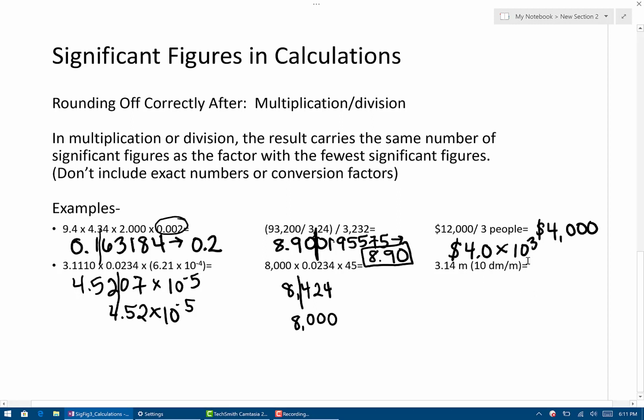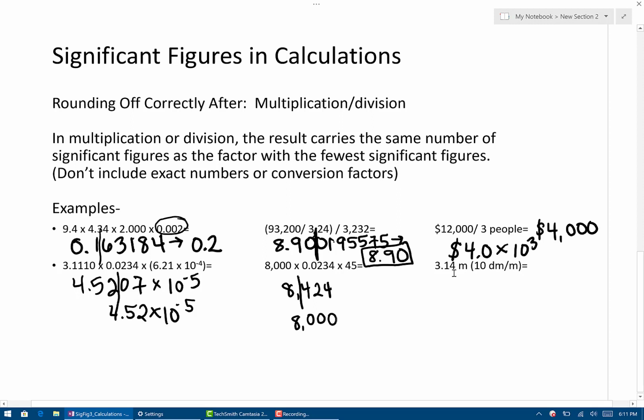And then the last one, here's where that idea of a conversion factor comes in. Here we're taking 3.14 meters and we want to convert it to decimeters with this calculation. So we're using this conversion factor, which came from an inequality, right? Telling us that there are 10 decimeters in 1 meter.